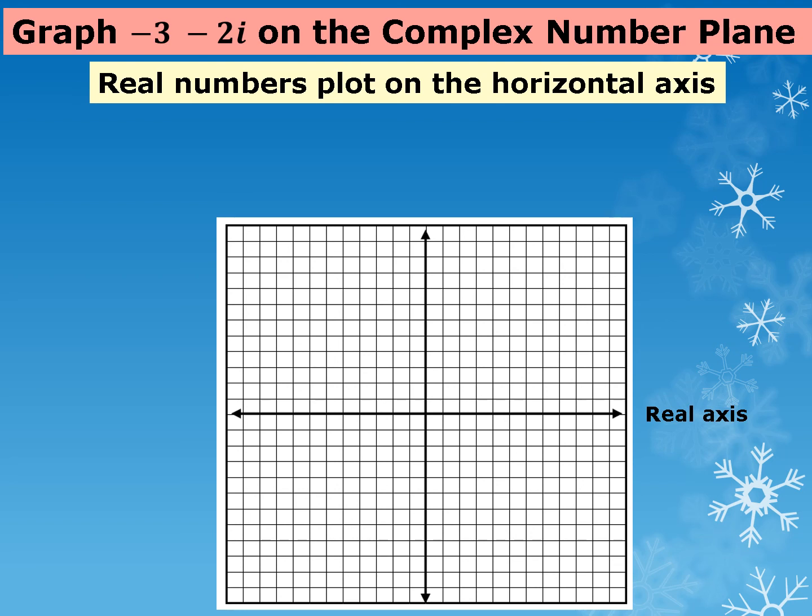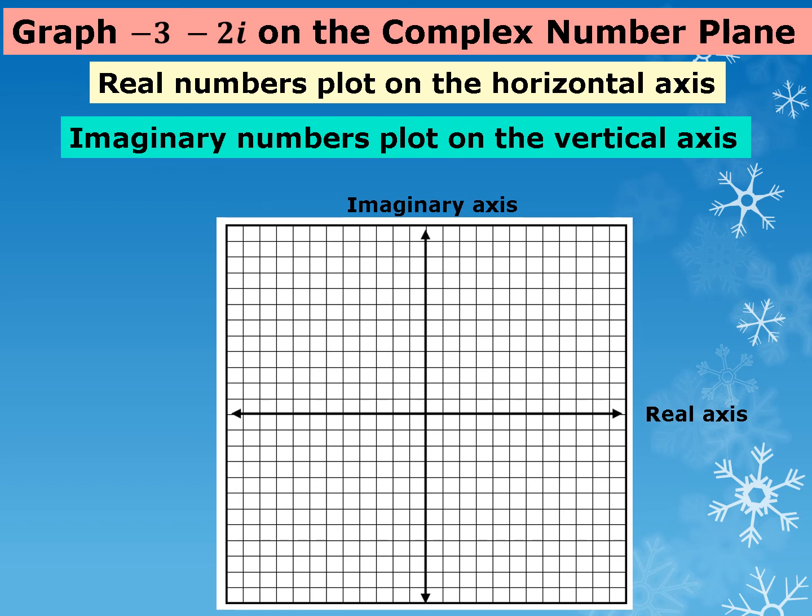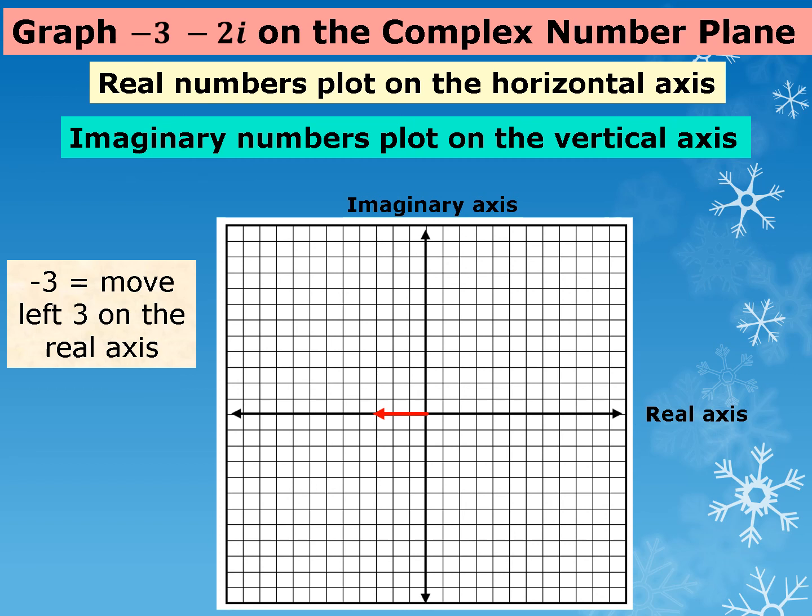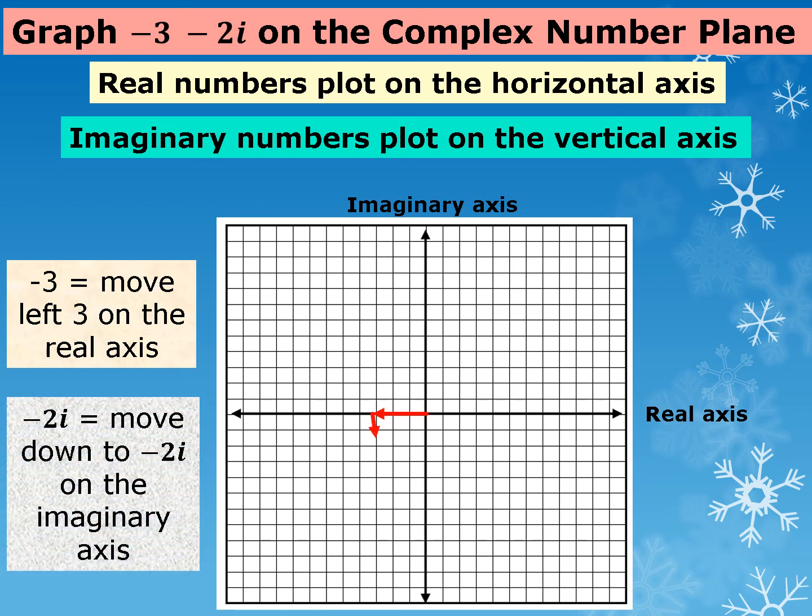However, instead of being x's and y's, you're going to let the x-axis be the real axis, and the imaginary numbers will be plotted on the vertical. So the real axis, that's the x-axis. The y-axis becomes the imaginary axis. So to get negative 3, I'm going to move left 3 on the real axis, and then negative 2i means I'm going to move down 2 on the imaginary axis.